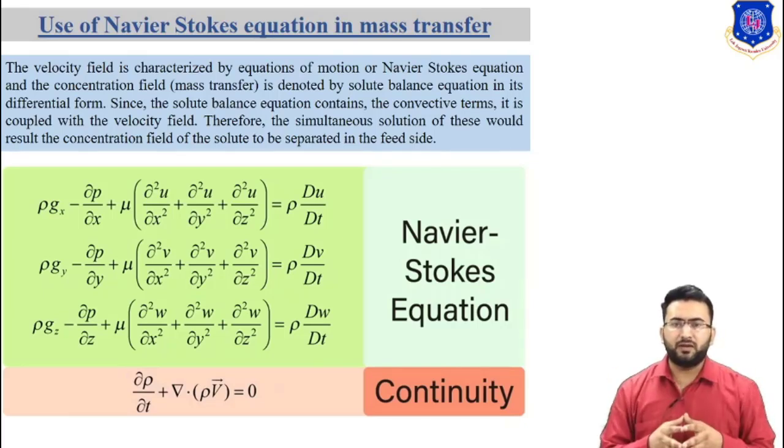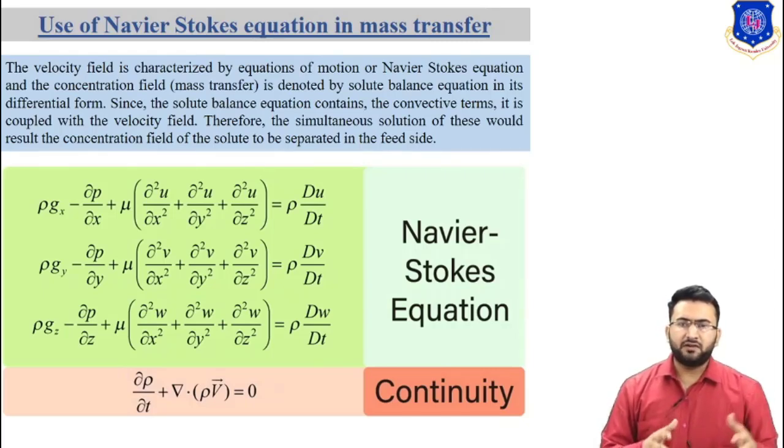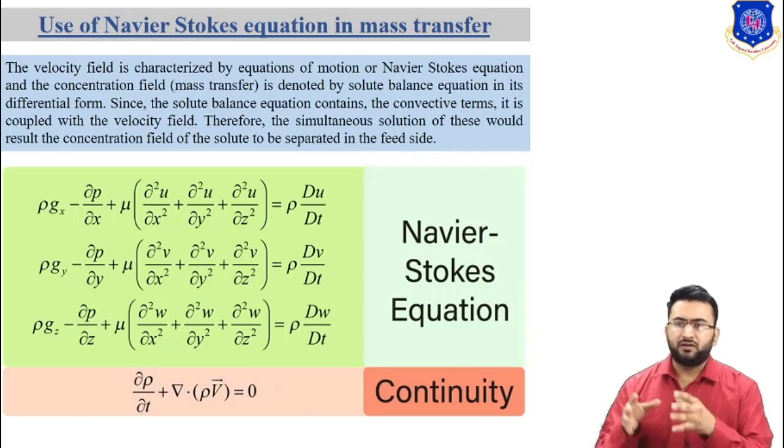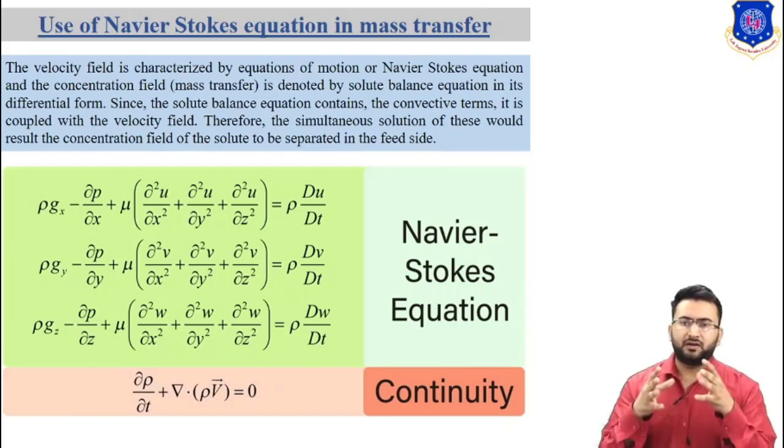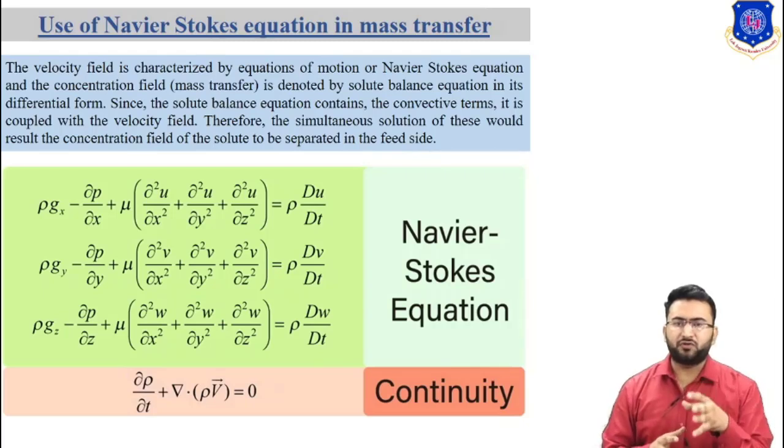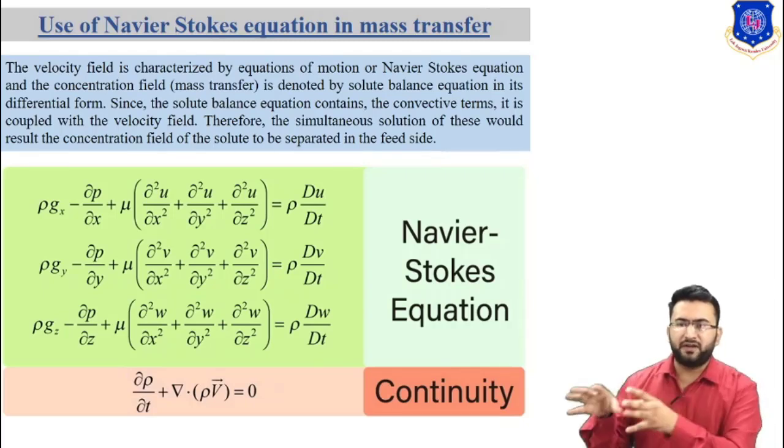Since the solute balance equation contains the convective term, it is coupled with the velocity field. Therefore, simultaneous solution of these two gives the concentration field of the solute to be separated in the feed side.